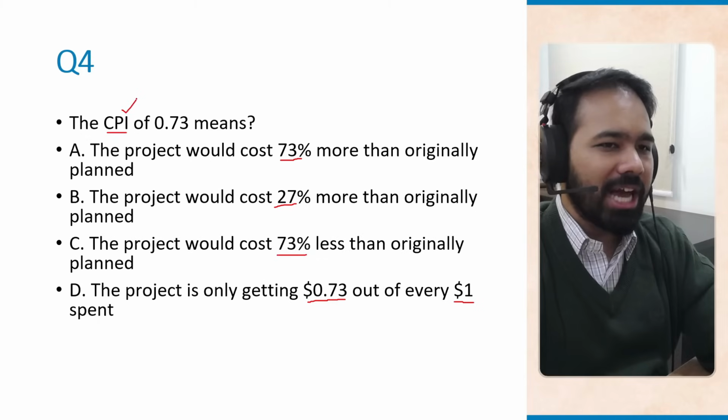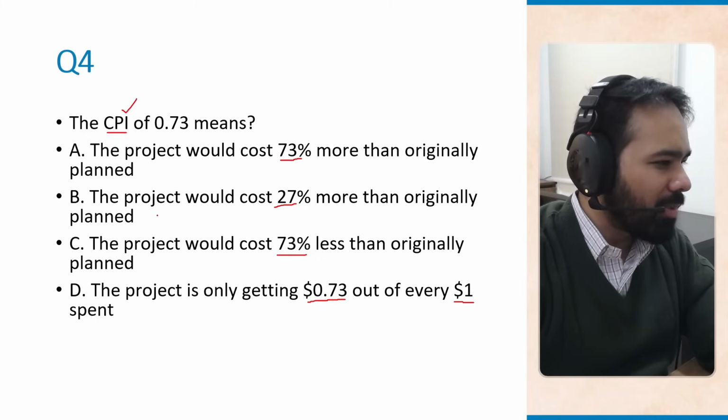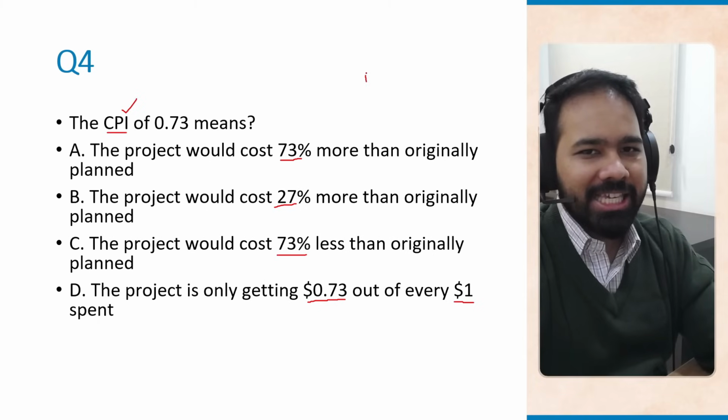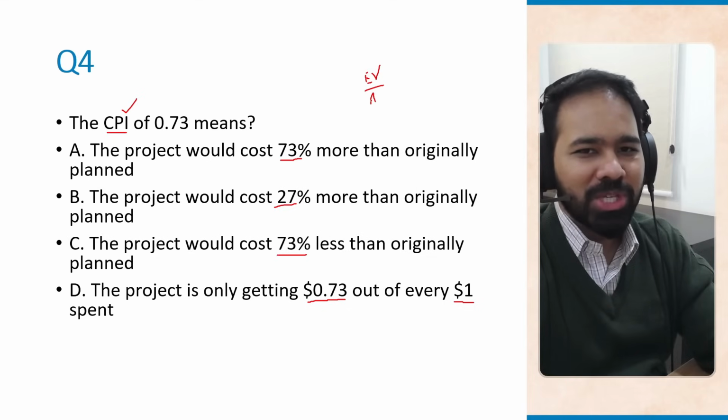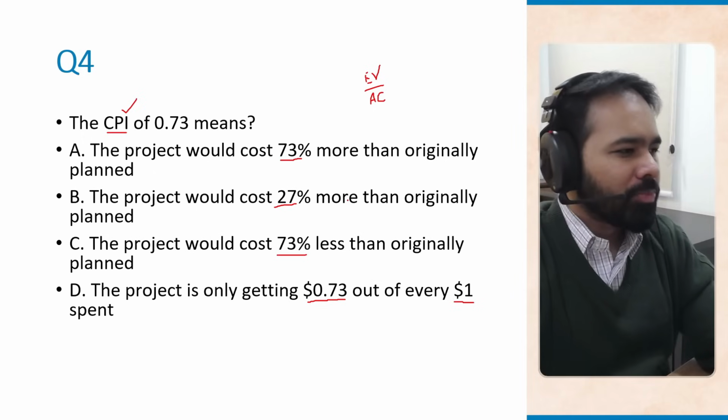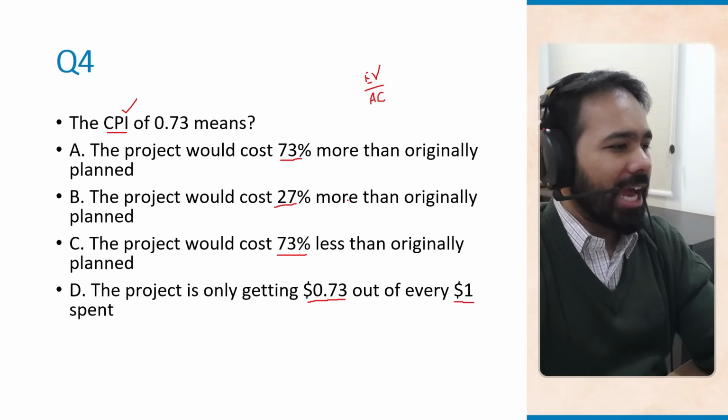So CPI, known as the cost performance index. The formula for CPI is EV, and I'm really bad at writing, so excuse me there, especially writing using a mouse. So EV by AC, this is the formula for CPI, earned value divided by actual cost.